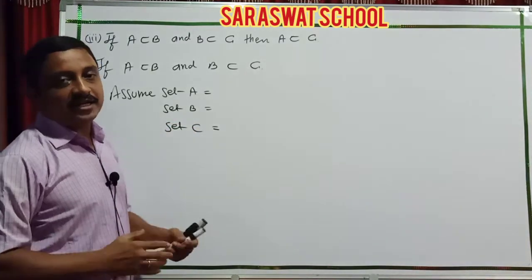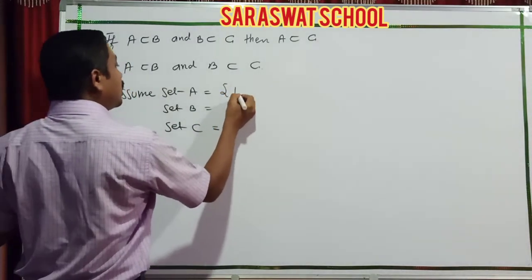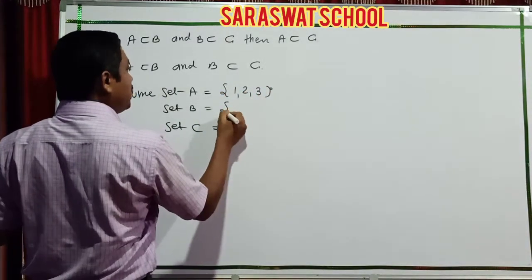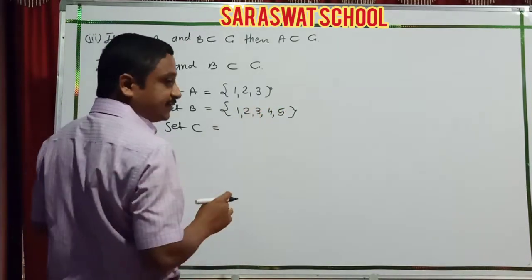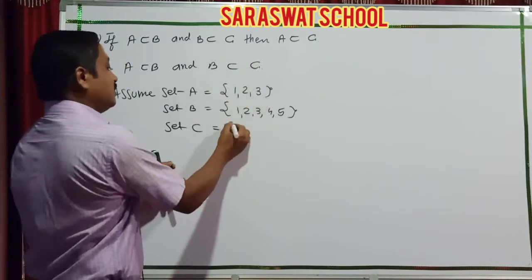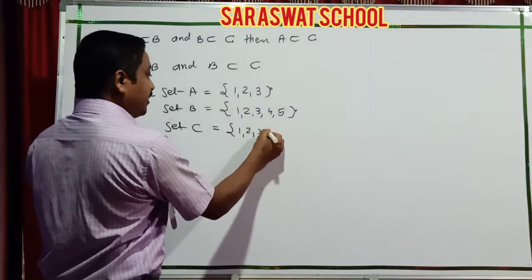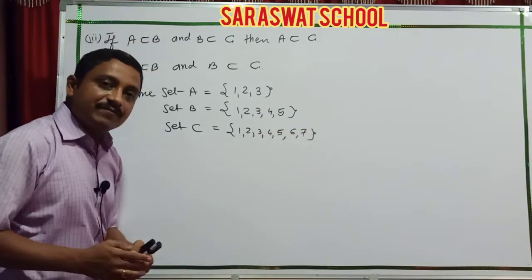Students, first of all, I utilize this criterion A subset B. So A, I just take 1, 2, 3. B is 1, 2, 3 compulsory, plus different data, 4, 5. And C is what? B subset C, then 1, 2, 3, 4, 5 fixed, you write down 6 and 7.